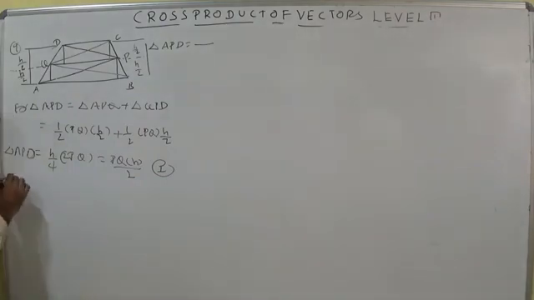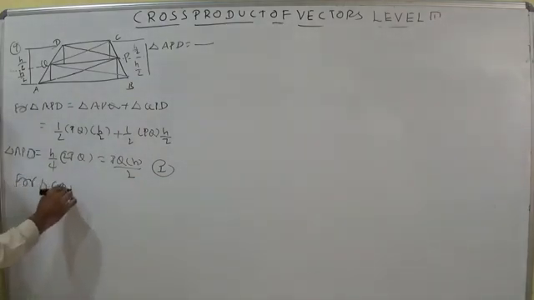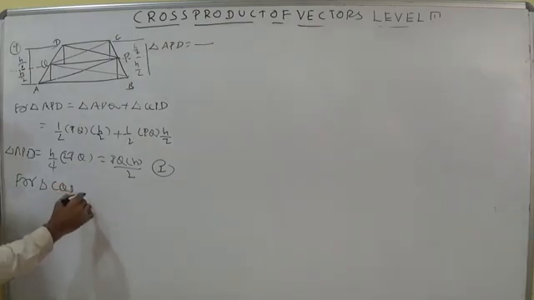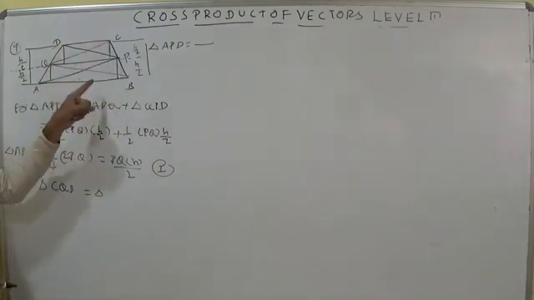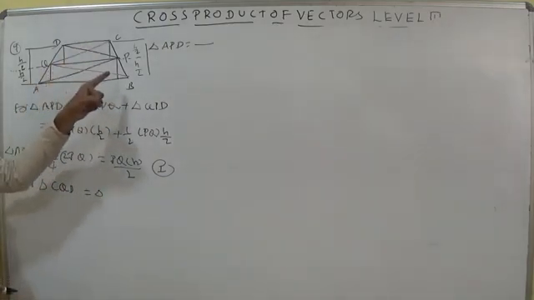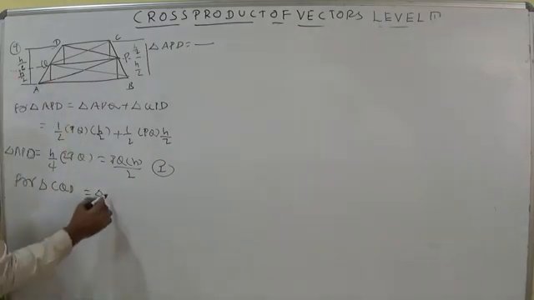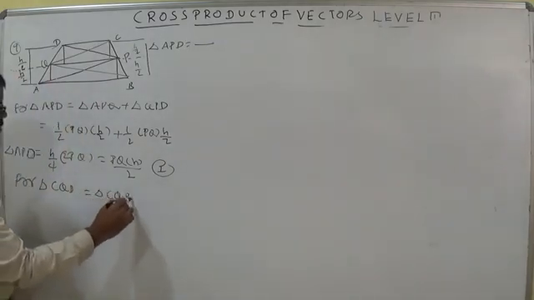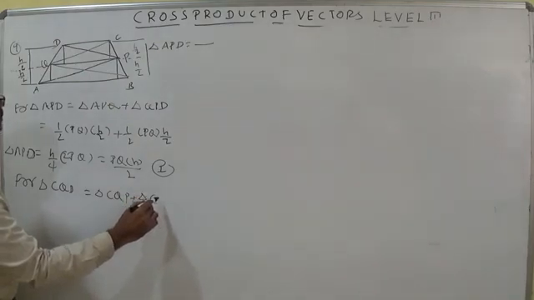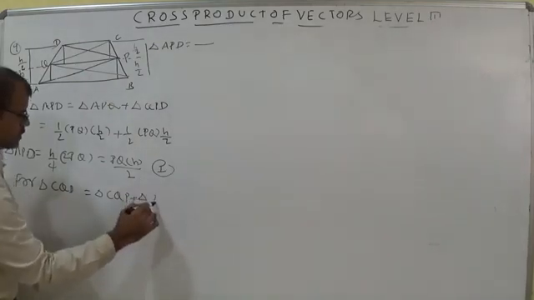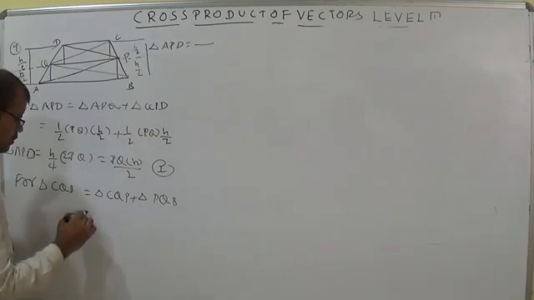Join CQB. Now again I am writing for triangle CQB. For triangle CQB, delta CQB is equal to CQB total area, CQP plus delta CQP plus delta PQB. Delta PQB, you can write it down.